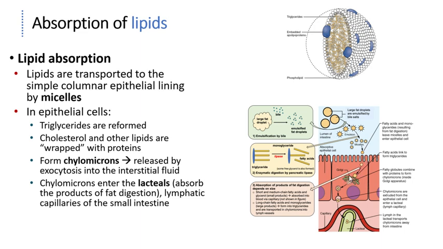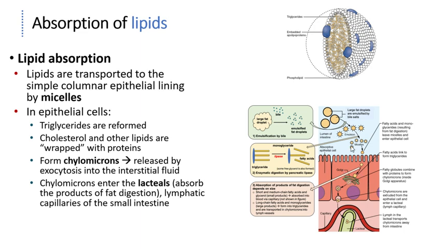So this orange cell, this is a cell lining our intestines, right? And so what happens here is this micelle is brought in, and it's wrapped in cholesterol, and it's wrapped in other lipids, and it's wrapped in proteins. And as a result, you form something called a chylomicron, right? A chylomicron inside this Golgi apparatus, one of our intracellular organelles.